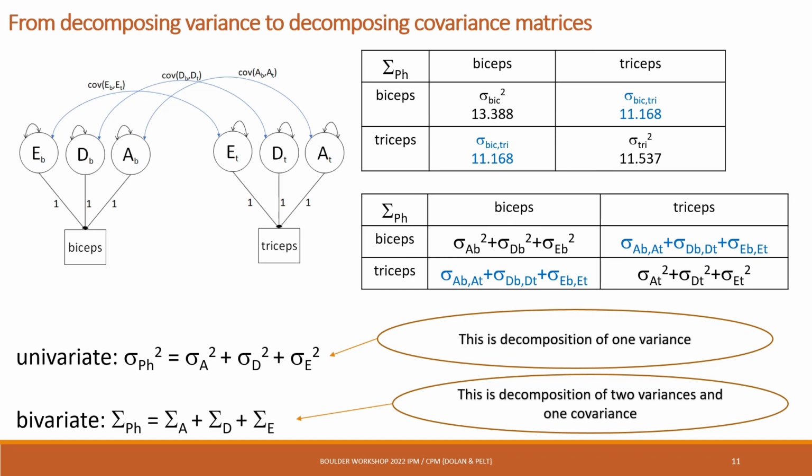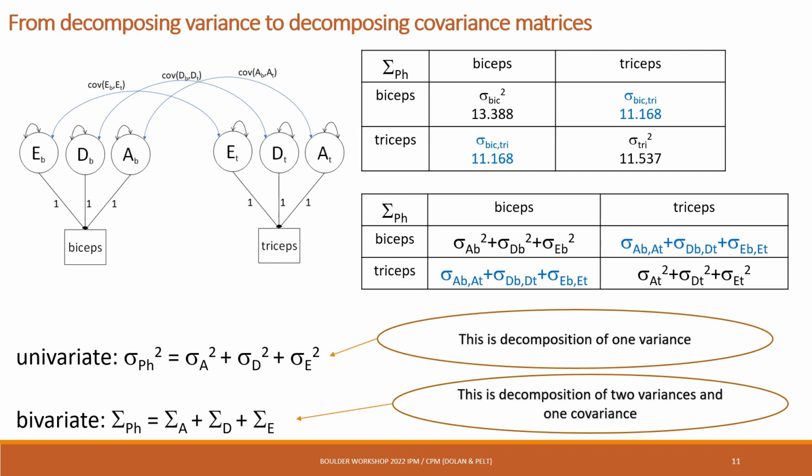So the parameter, the covariance between those effects, is called cov EB/ET, shown in the path diagram, and the same applies to the D and the A. Additive genetic effects on biceps co-vary with additive genetic effects on triceps. So we're explaining the phenotypic covariance between biceps and triceps by estimating the covariance between the E, D, and A effects.